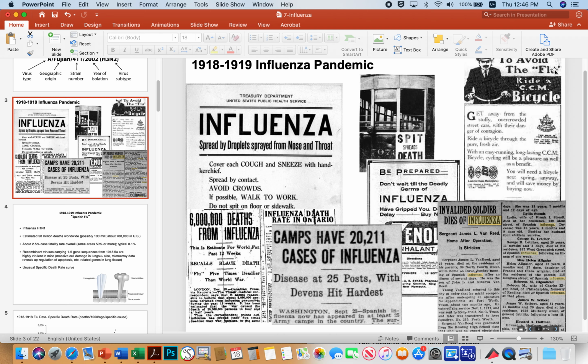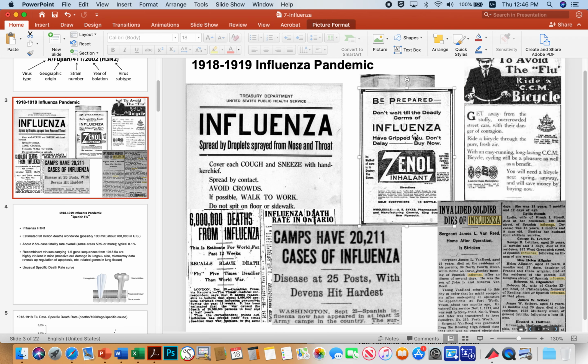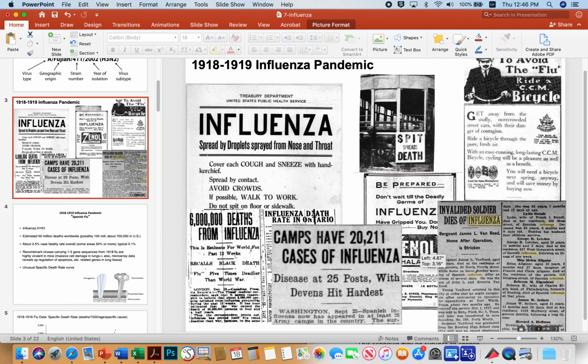Hey, we sell bikes, and look at that, if you ride a bike you can avoid catching the flu. And then warning signs like we're seeing now, please wear your mask or whatever, and here it's "spit spreads death." And then some different kinds of remedies, Zenol, some phenolic inhalant or something like that, that you can inhale to kill flu viruses in your nasal passages.